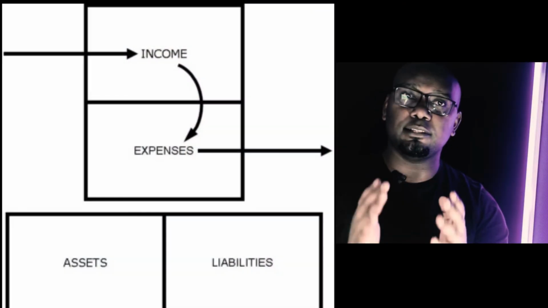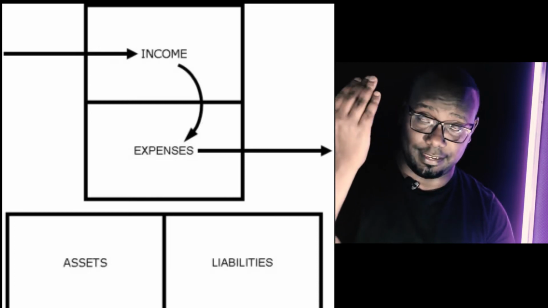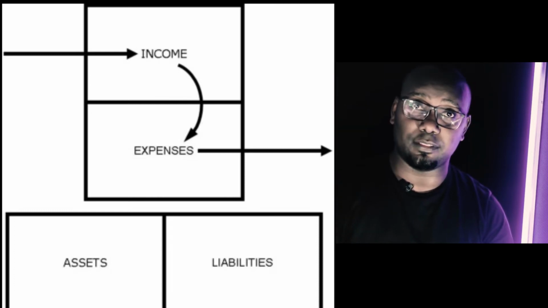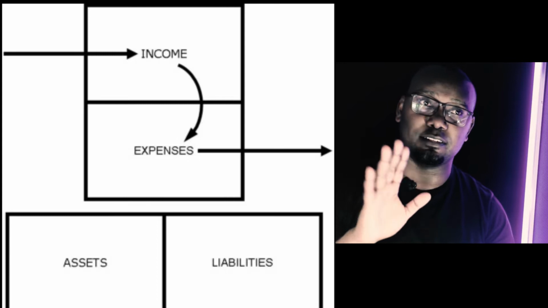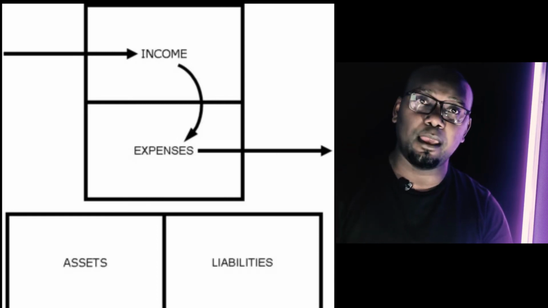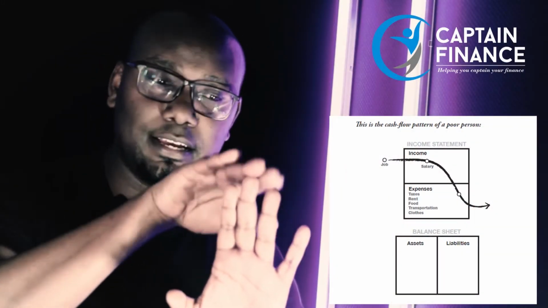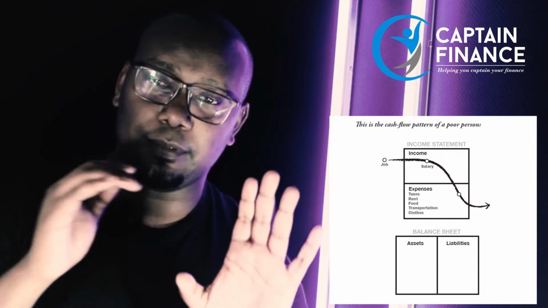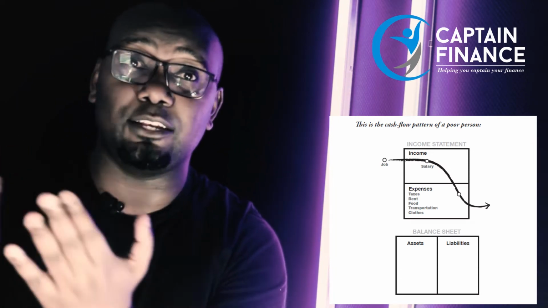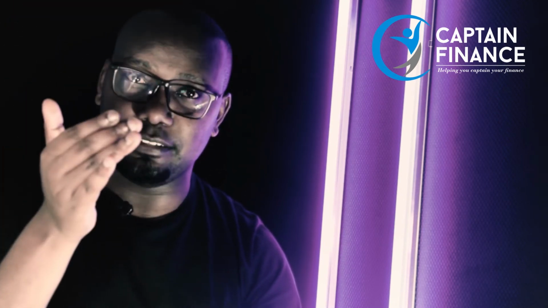Let's look at the cash flow statement of a poor person. A poor person has income, so they make money however they make it. And they have expenses, meaning living expenses and all that is charged monthly. On their balance sheet, they have no assets, so they have nothing that cash flows for them, and they don't have any liabilities. So all the money that comes in at the beginning of the month is expensed, and they wait for the next month for cash.